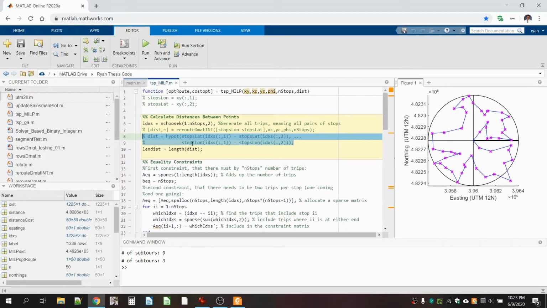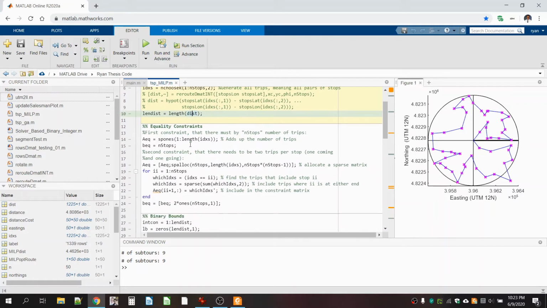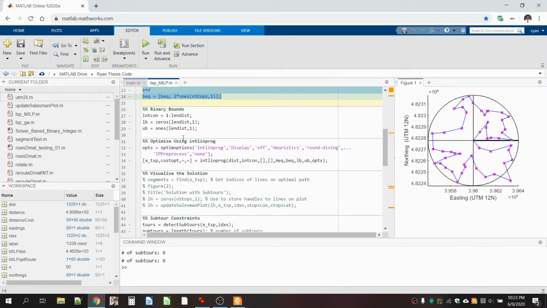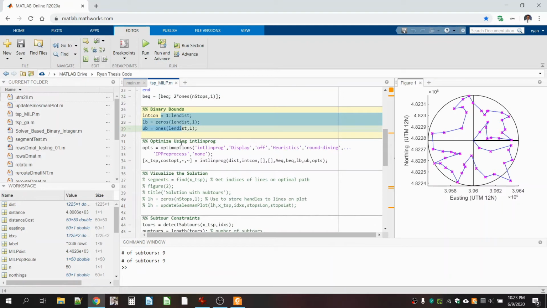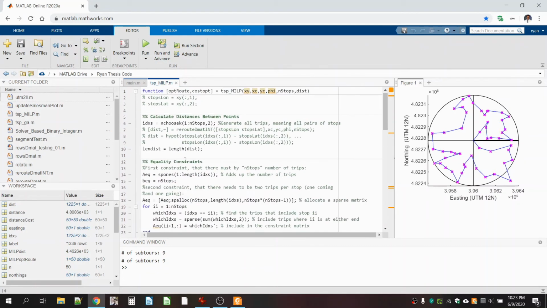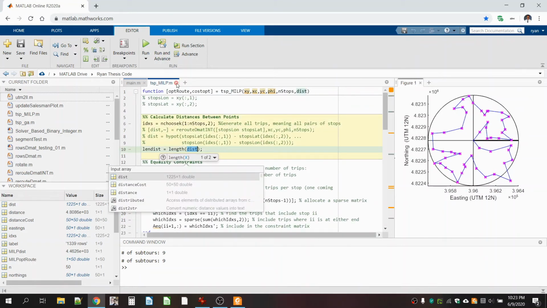So we want to use this distance. It's very different than the genetic algorithm. You have these equality constraints. I didn't do anything with those. I didn't change the binary bounds. None of this I actually changed. I just needed to get the right type of distance matrix.